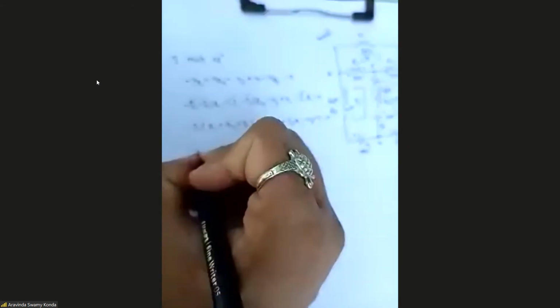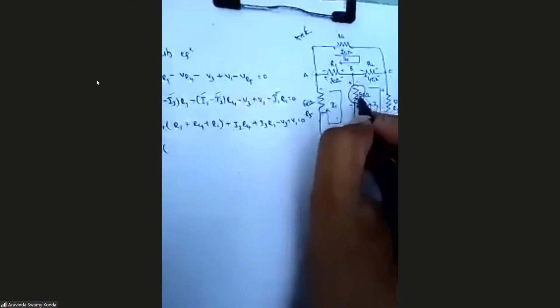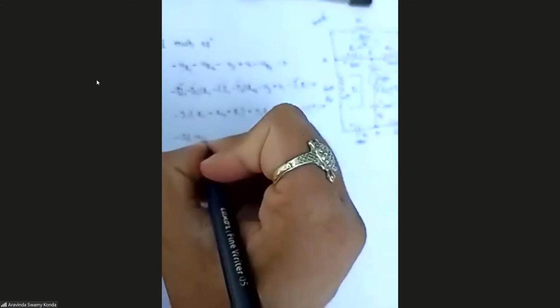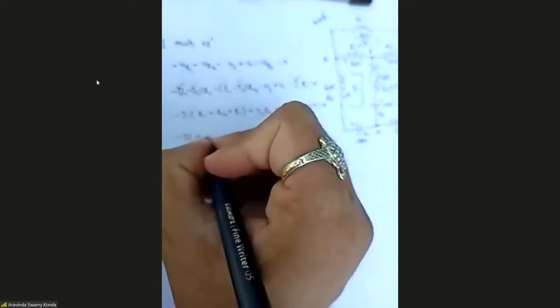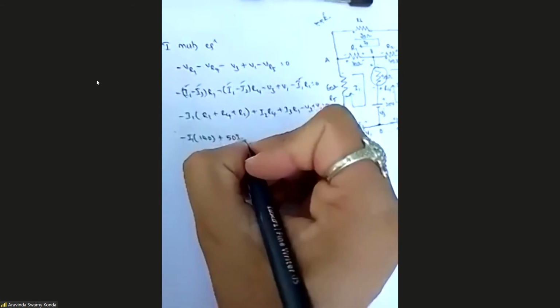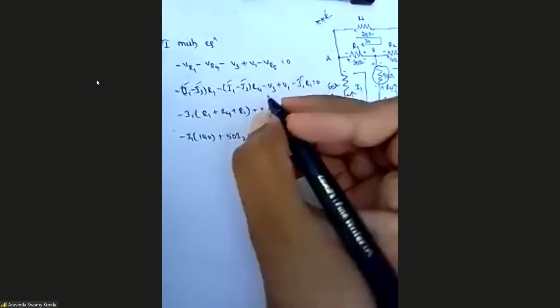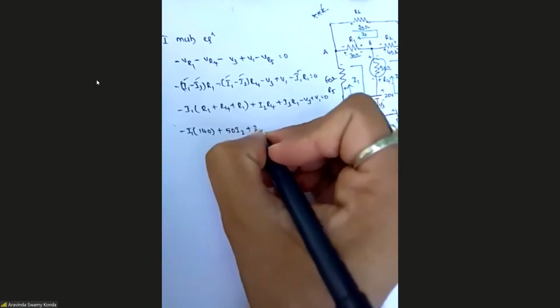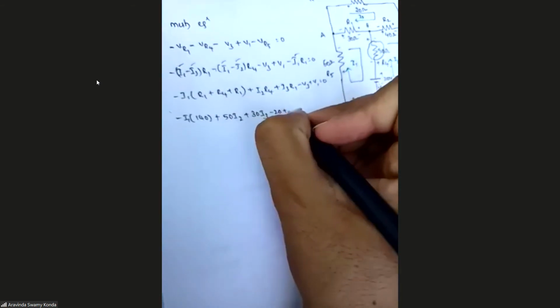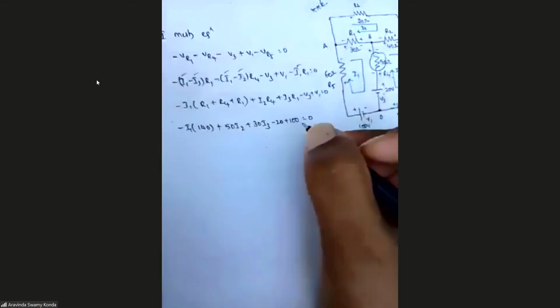Then substitute the values. Minus I1, what is the R1 value? 30, 30 plus 50 is 80, 80 plus 60 is 140. Plus the R4 value is 50, so 50 I2, plus R1 is 30 I3, minus V3 is minus 20, plus 100 equal to 0.